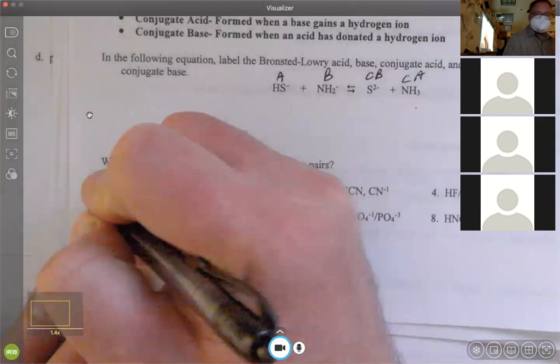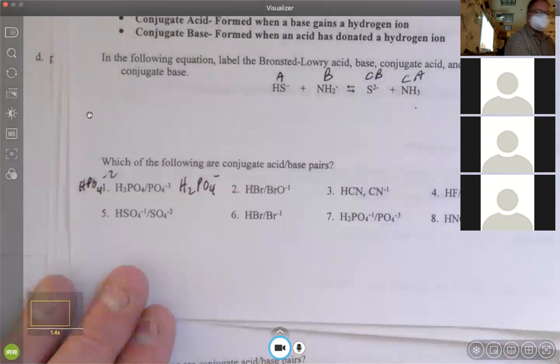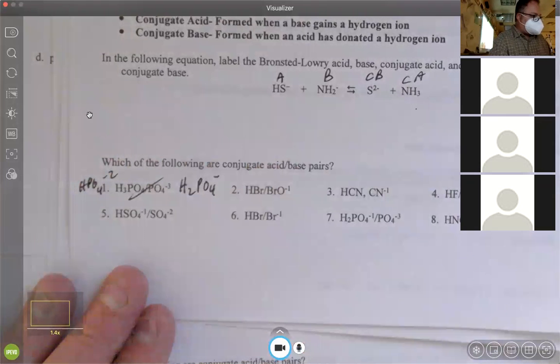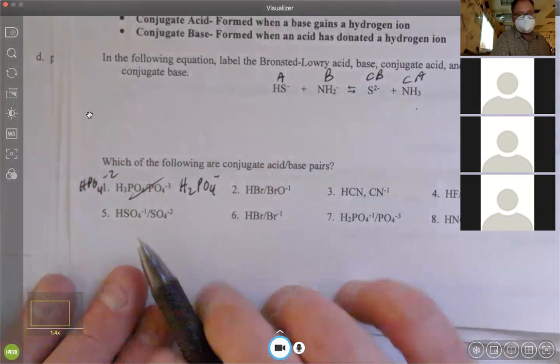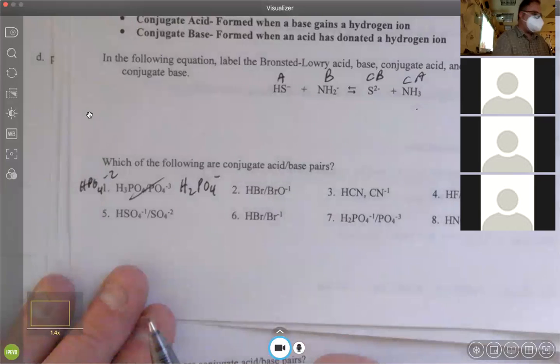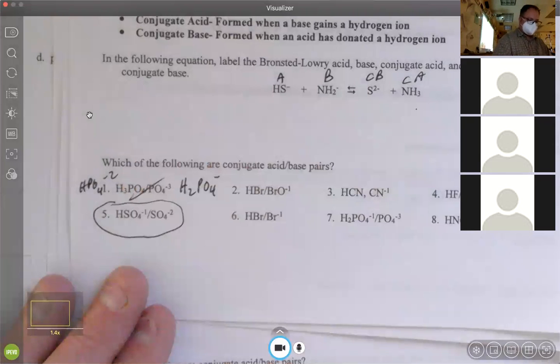Right. So these would be pairs and these would be pairs. These two are not pairs. How about HSO4 negative 1 and SO4 negative 2? Yep, these are good. So that's all you're doing on that exercise.